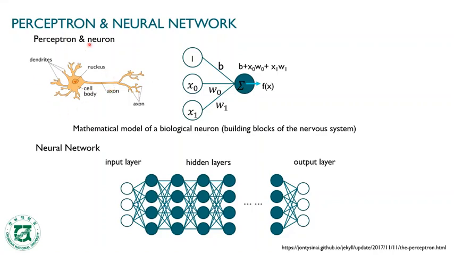The neuron receives multiple signals from other neurons via its dendrites, and these signals are combined in the soma. This combination is propagated via the axon, and a new signal is fired off from this neuron to other neurons. The perceptron works very similarly.